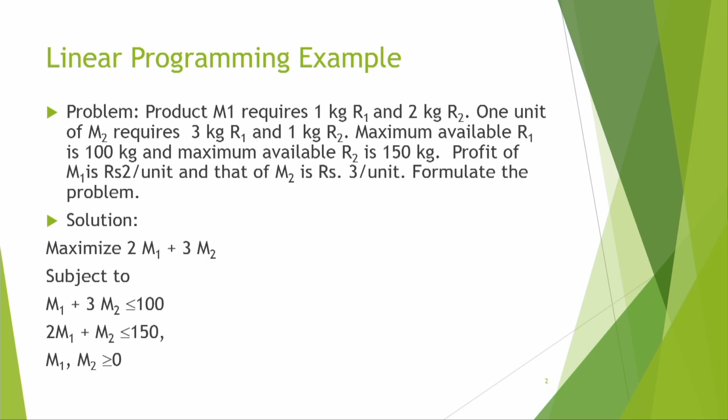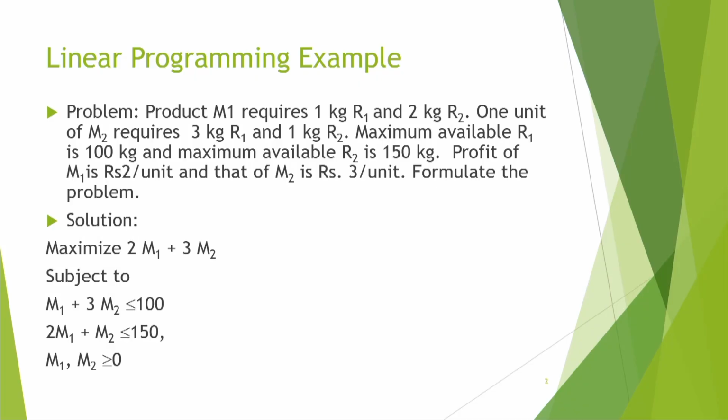Maximum available R1 is 100 kg and maximum available R2 is 150 kg. Profit of M1 is rupees 2 per unit and that of M2 is rupees 3 per unit. Formulate the problem. Now, how do we solve that? I am denoting product M1, but its quantity also I am denoting by M1 only.